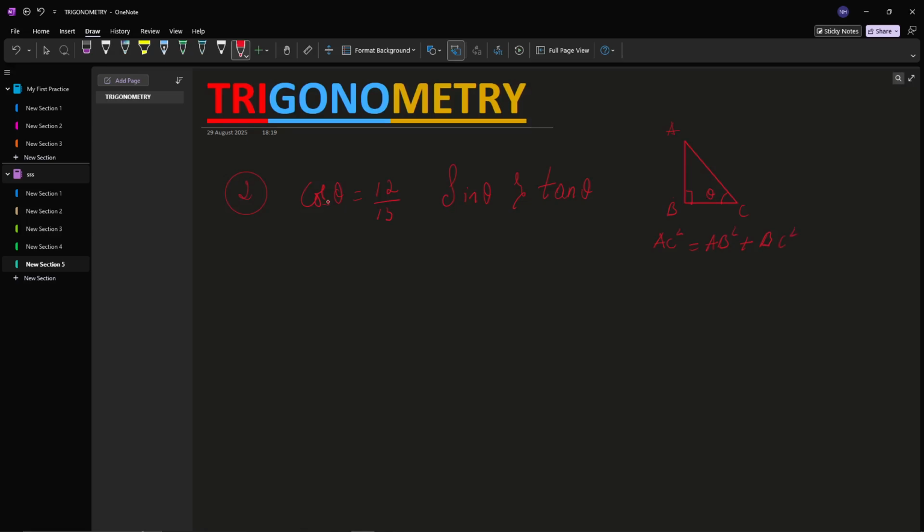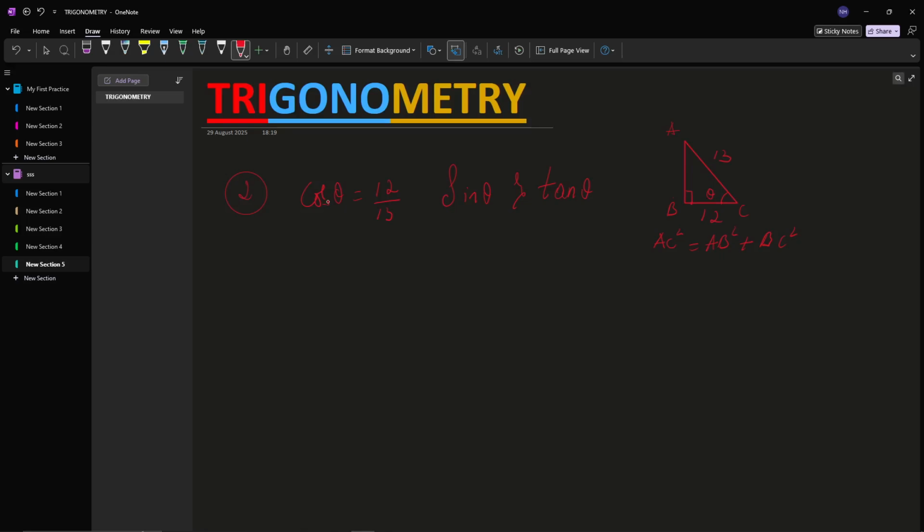That means AC is hypotenuse, this is opposite side and this is adjacent side. So cos theta is given. Cos theta is going to be adjacent by hypotenuse. So BC value is going to be 12 and hypotenuse value is going to be 13.